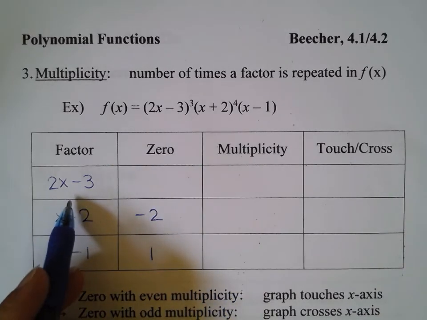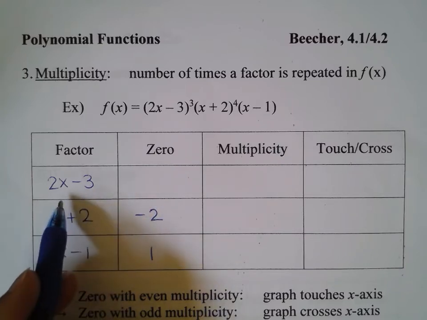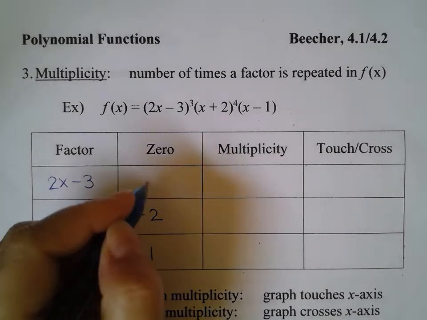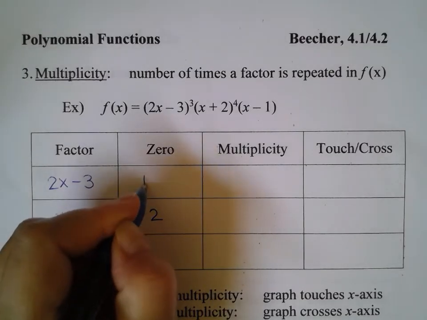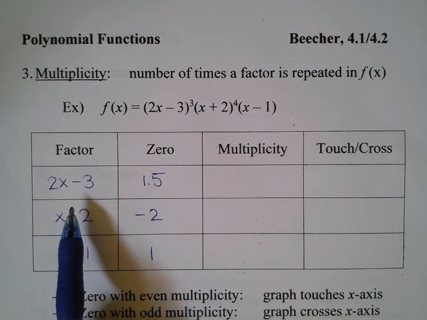This one's a two-stepper. If I set it equal to 0, I would add the 3 over and then divide by 2. So 3 over 2 would be the 0, or if you wanted to make it a decimal, it would be 1.5. Then the multiplicity comes from how many times each factor is repeated in the function.